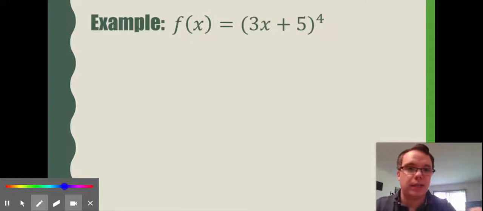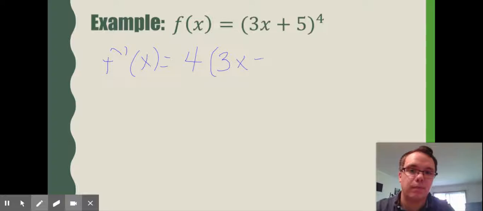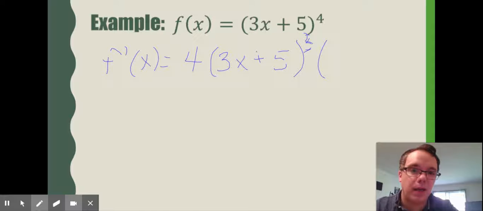So the chain rule says that to find the derivative, I can bring my 4 down out front, keep what's in my parentheses exactly the same, subtract 1 from my power, so that'll now be 3, and then I'm also going to multiply by the derivative of what's inside.